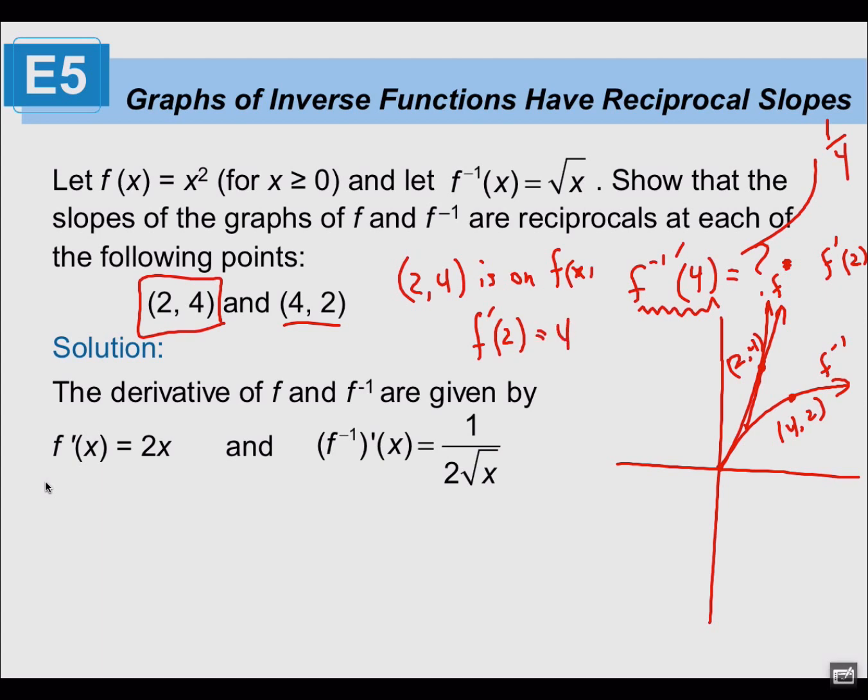That turns out to be 4. Like, how'd you get that parameter? I took the derivative of that and plugged in 2. So that means that the slope of this tangent line is 4. To get the slope of the tangent line that I'm looking for over here, which is a derivative, I just have to take the reciprocal. So then f inverse prime of 4 would be 1/4.